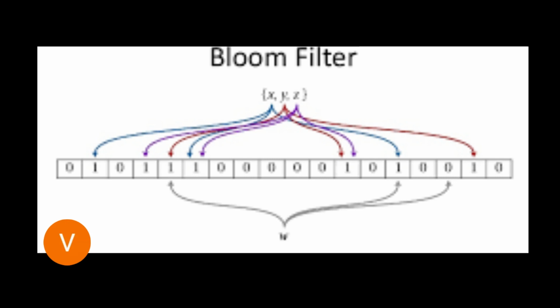In the diagram you can see we are passing through three hash functions. We can pass through k hash functions, any number, and the more the better, but in this case we will use three.